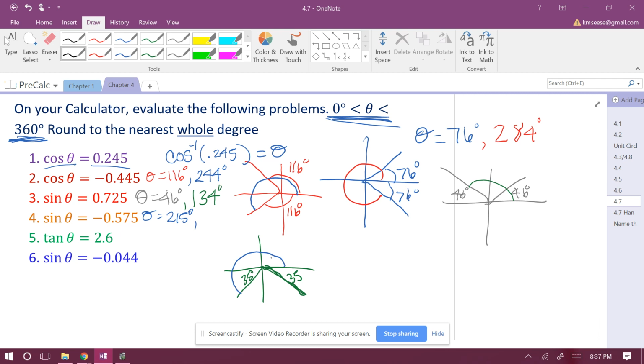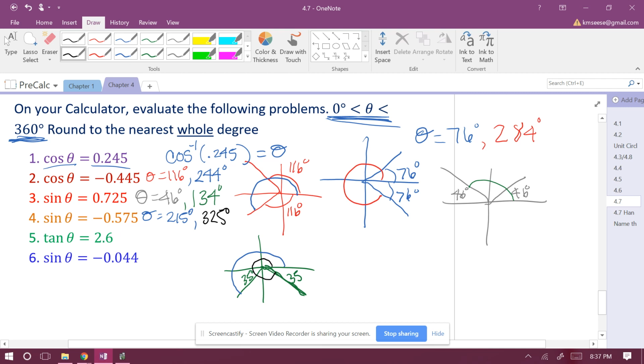Or if you measure from here to here, it's going to be 360 minus 35, which is 325. Be careful and pay attention to how your answers are supposed to be given. Negative 35 degrees is a correct answer for sine of theta equals negative 0.575, but your answer needed to be between 0 and 360 degrees.